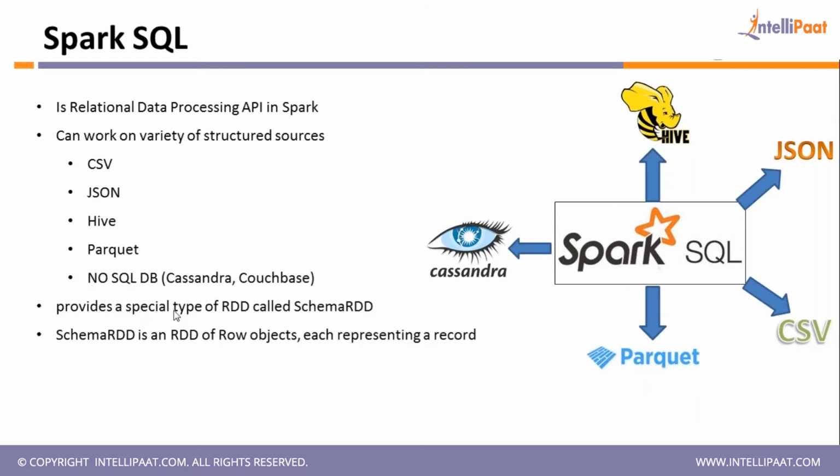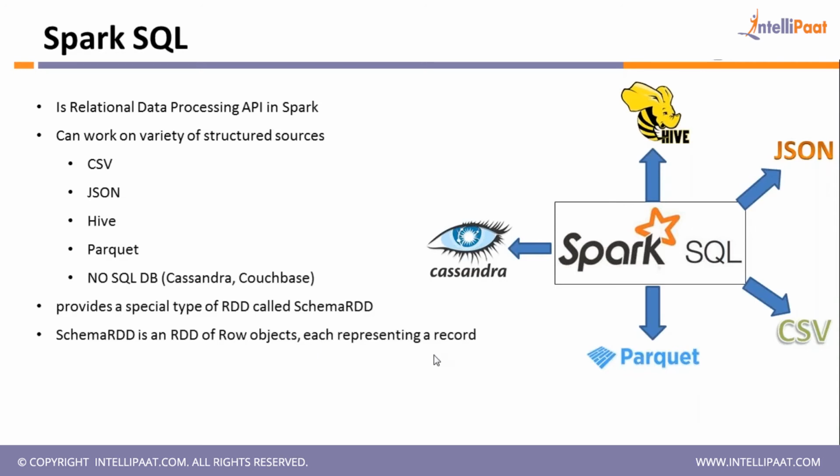It provides a very special type of RDD called schema RDD, right? The basic abstraction of Spark is RDD, but when you want to process something coming from a structured source, that RDD is known as schema RDD, which is one level of abstraction over the RDDs. A schema RDD is an RDD of row objects, each representing a record.